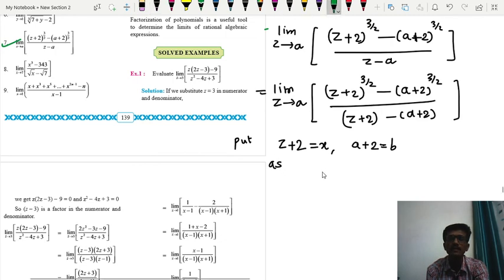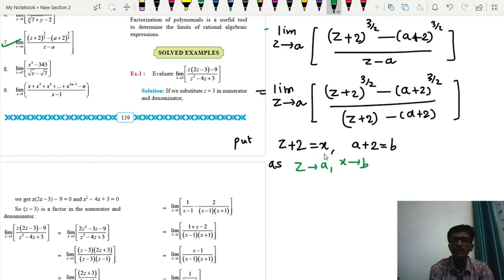Listen here: as z is tending to a, then x will tend to b. Here x is z plus 2; if z becomes a, it will be a plus 2, which is b, so x tends to b.